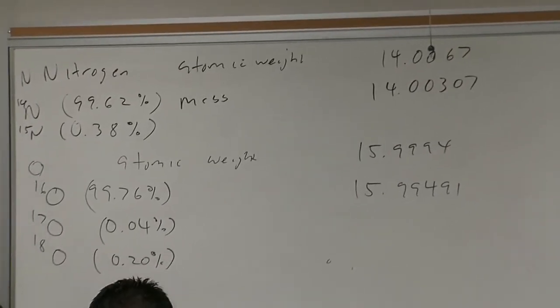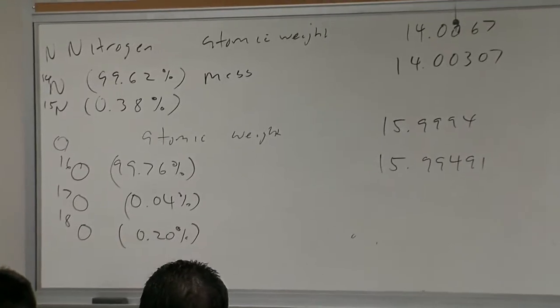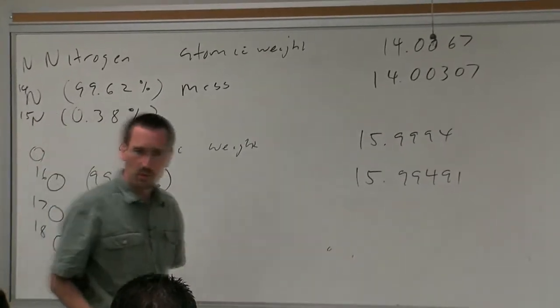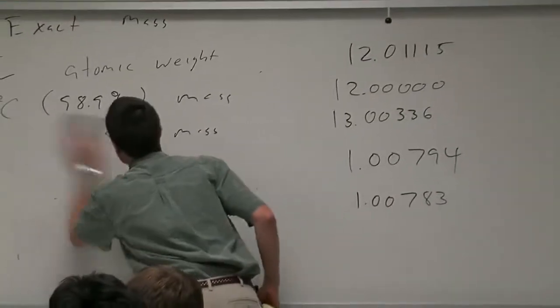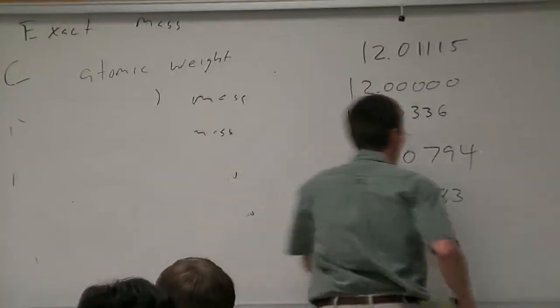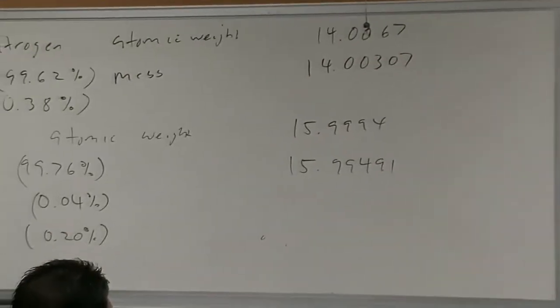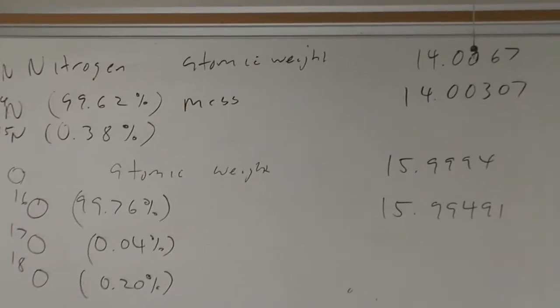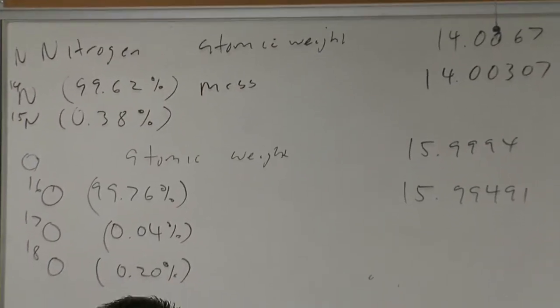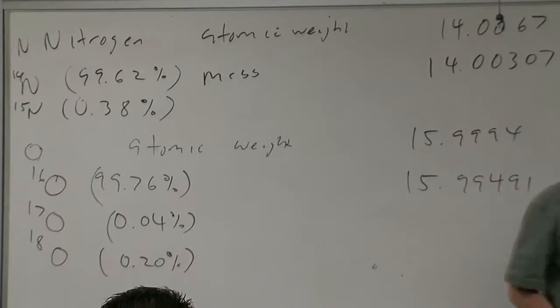All right, so we've gone through some common elements here. Let's take a moment to explore the implications of this and see why the concept of exact mass is really valuable. So let's take two simple molecules.